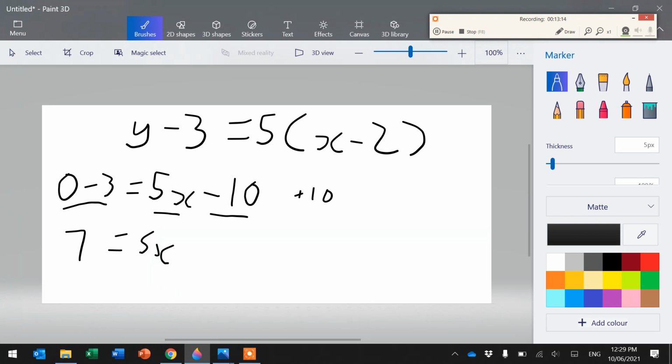And then, because it's 5 times x, we're going to divide both sides by 5. That will get us 7 divided by 5 on this side, and that will equal x. So that is making y equals 0. So 7 on 5.